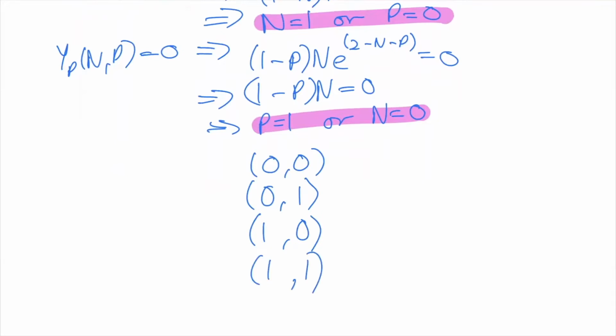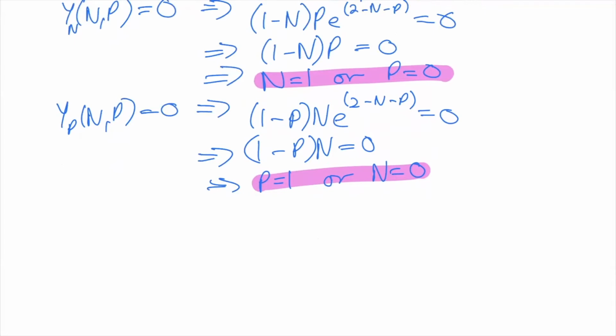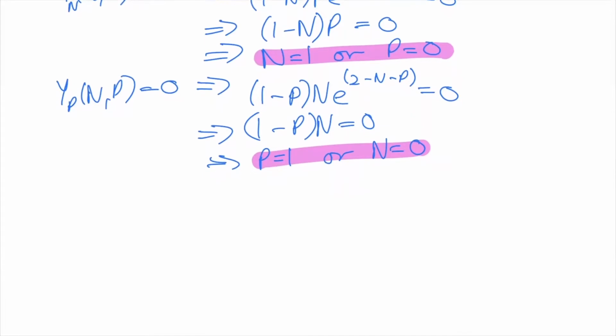So we have 4 critical points. That's not true, because these values here only tell us when one of the equations is equal to 0. So this first set tells me when my first partial is equal to 0, and the second set tells me when my second partial is equal to 0. To have a critical point, we need both of them simultaneously equal to 0.